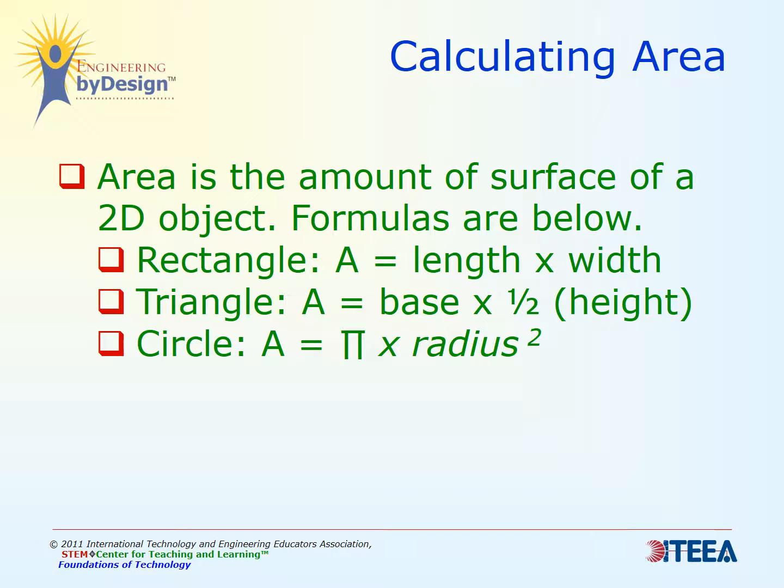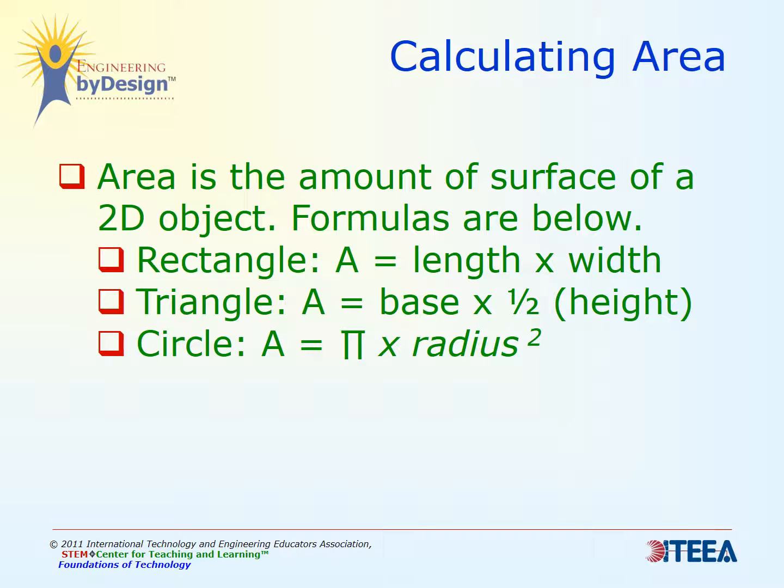Now, area is the amount of surface of a 2D object. Some formulas that we have are here. For a rectangle, area equals length times width.